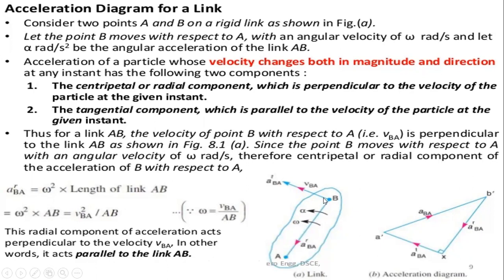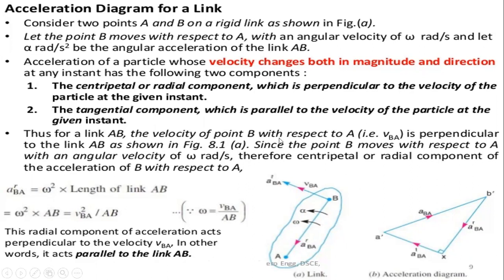So for the link AB, A is the fixed point and B is the movable point, having omega as angular velocity and alpha as the angular acceleration.